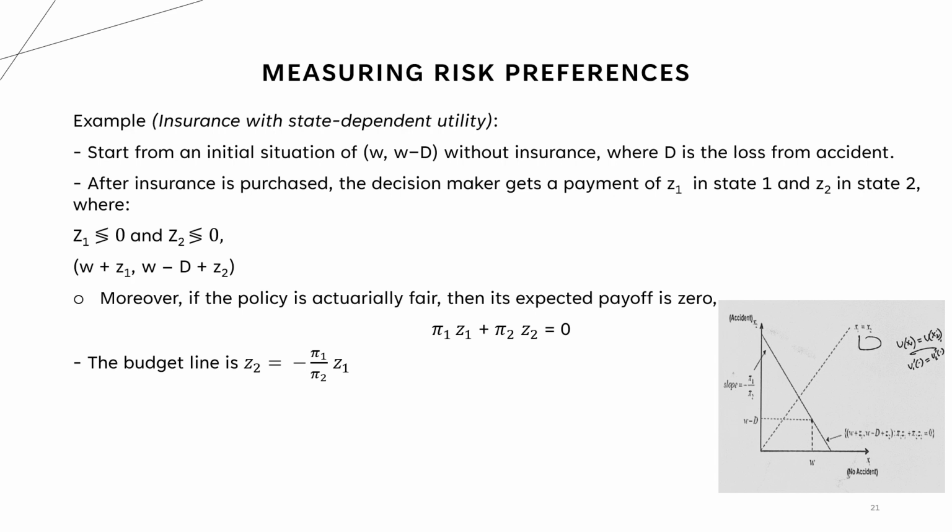If the insurance policy is fair, meaning it's priced correctly, then the expected payout is zero, represented by the equation with the probabilities of each state occurring. The budget line in this case shows the relationship between the two states.